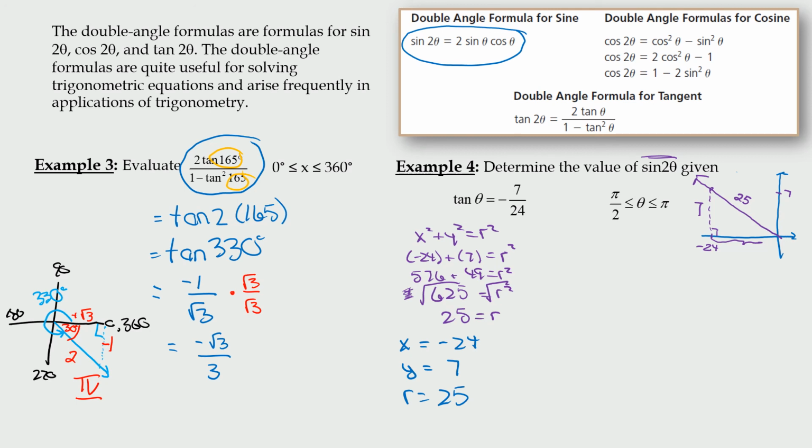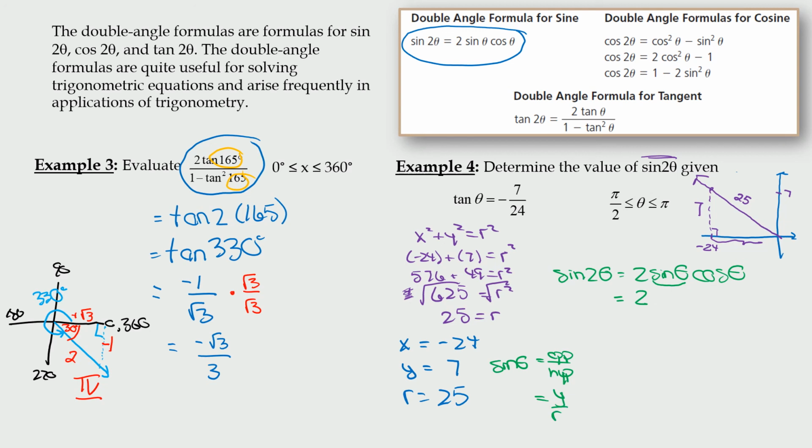So for sine 2 theta, we're going to use this formula. Sine 2 theta equals 2 times sine theta times cos theta. And I'm trying to find sine 2 theta. So 2, what is sine theta? Sine theta is, remember that sine is opposite over hypotenuse, or y over r.